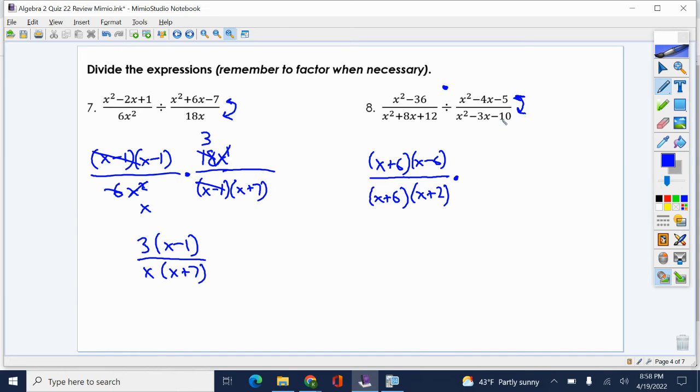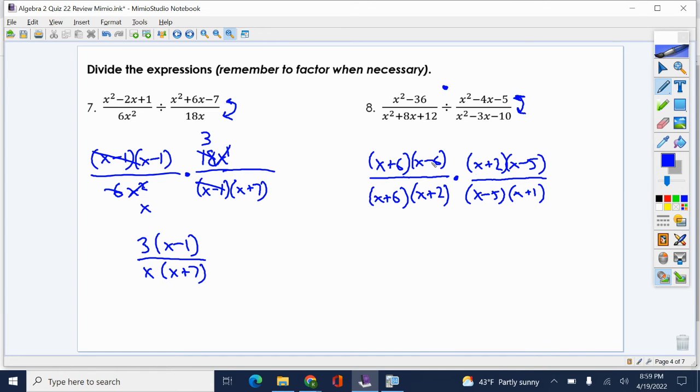Multiply, numbers that multiply to -10 that add to -3, plus 2. There it is, underneath. Minus 5. Multiply to -5, add to -4. There's minus 5. And x plus 1.